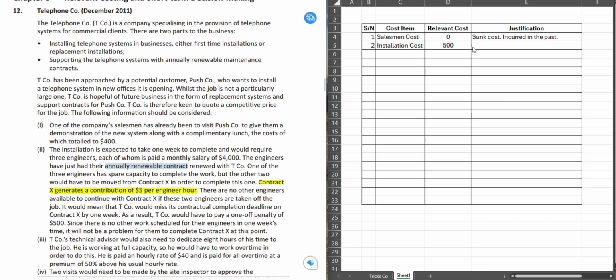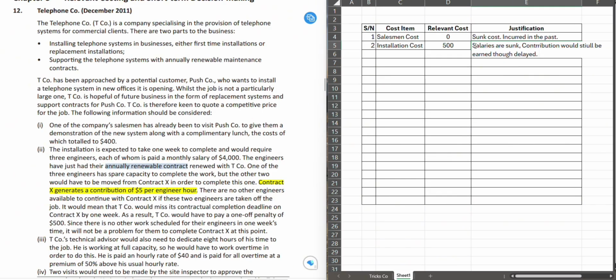Yeah, so let's put our justification. The salaries are sunk cost. That's number one. So it's not relevant. Likewise, the contribution will still be earned, though delayed.